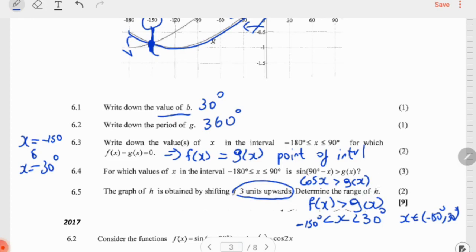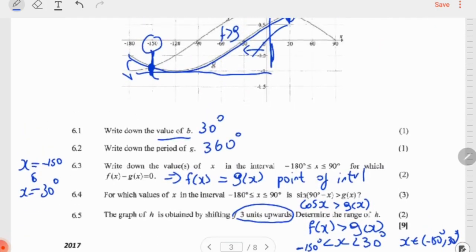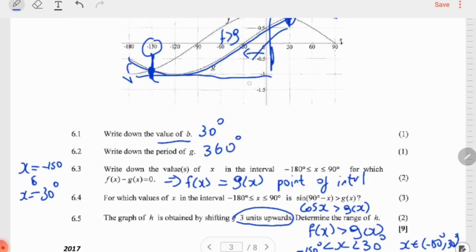So let's check first what was original f. We need to shift f 3 units up. What was the range of the original f? Okay, the range of the original f was between -1 and +1. Okay, the range originally was between -1 and +1.